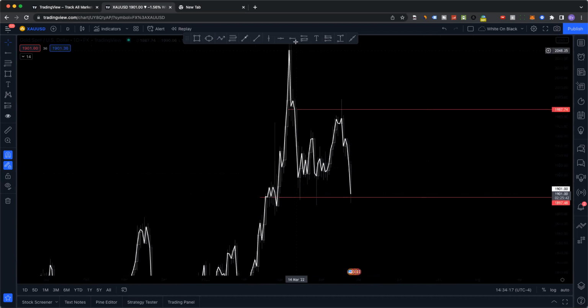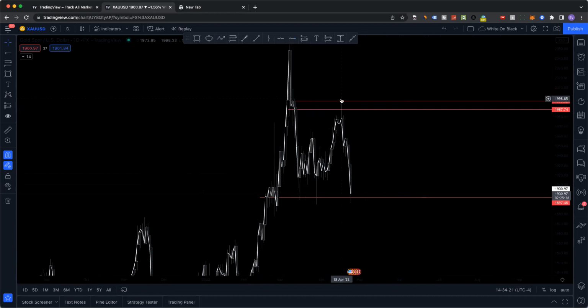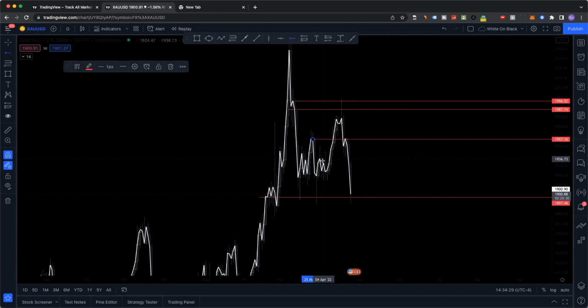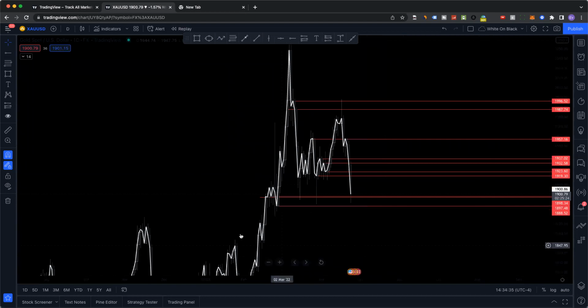So this is our daily level here. Price found the daily, and daily is going to find what? The next daily, which we had a daily level here that it found, here, here, here, here, here. But we're monitoring price on a lower time frame to see if price is going to continue to find the next key level.